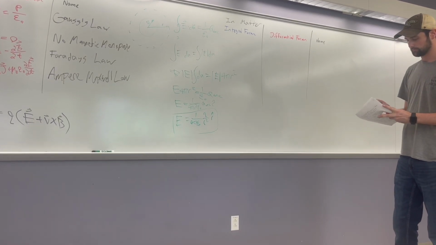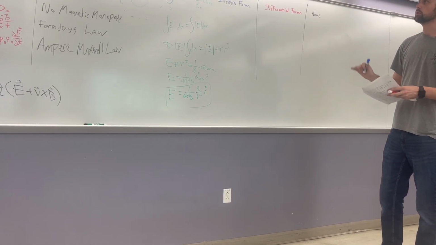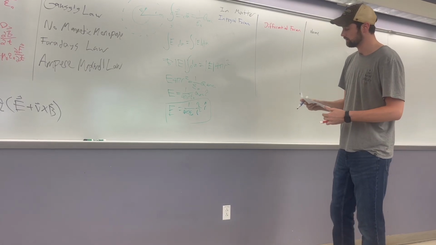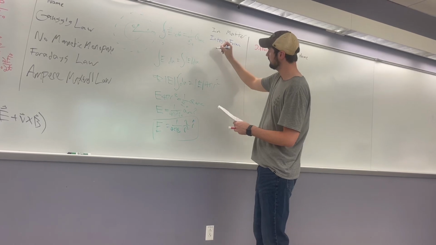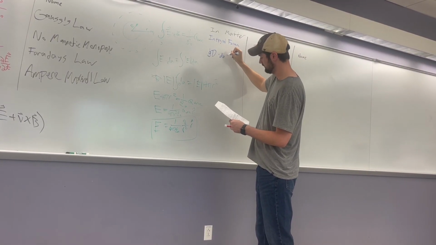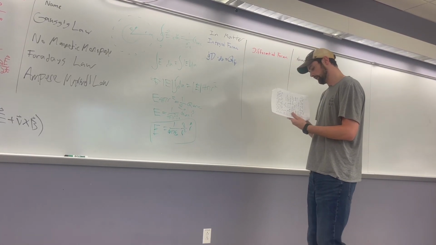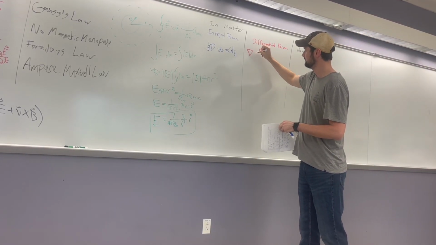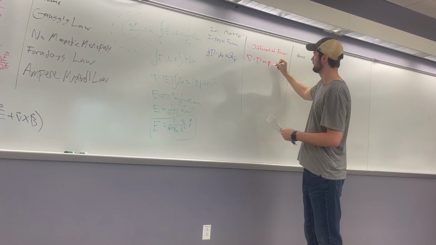So in integral form, when we separate the bound and free charges, and we're really trying to work with the free charges, for Gauss's law in integral form we get the integral of D dot dS is equal to the free charge. And in differential form, we get del dot D is equal to the free charge density.